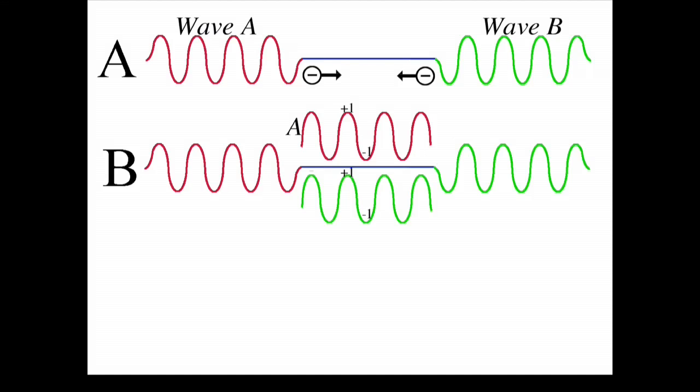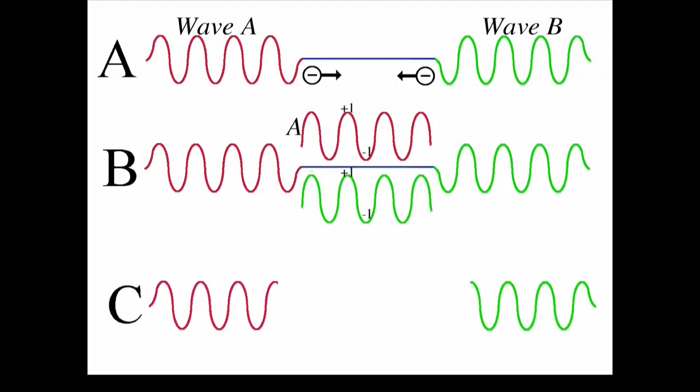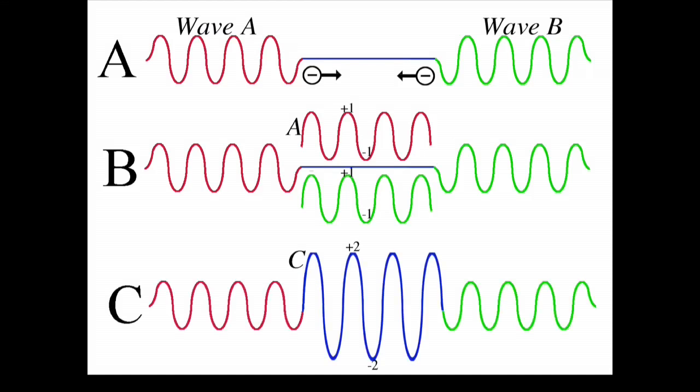What would be the result of the two waves coming together? As you see in C, as they come together, the two waves entangle, and in this entanglement, they enhance each other. The power of the waves where they join is greater than the power of the waves on either side.